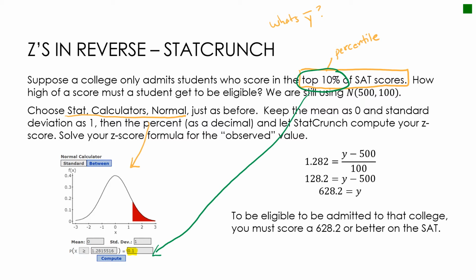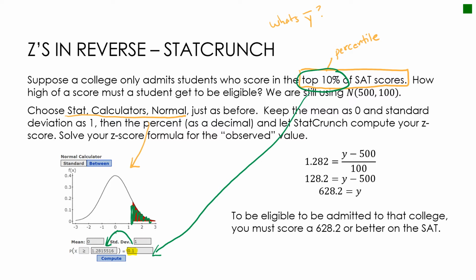And notice that I've chosen greater than or equal to because this picture would represent the top 10%. When I plug those values in, my output is 1.282 essentially if I round, and that is my z-score.